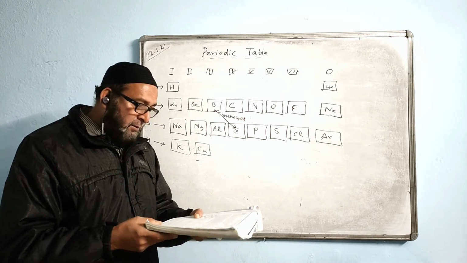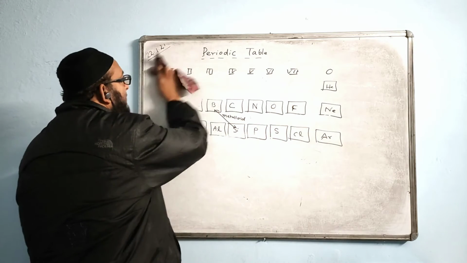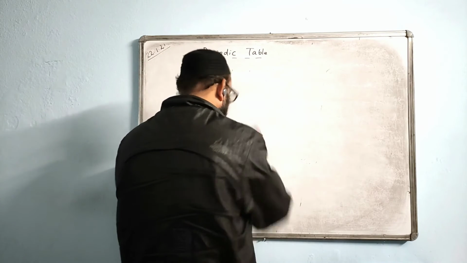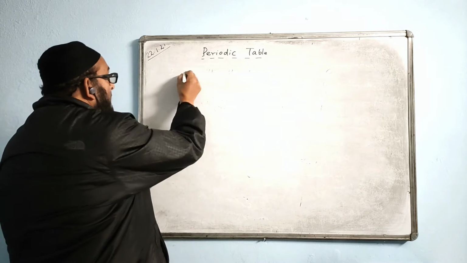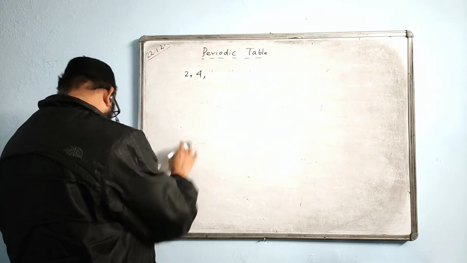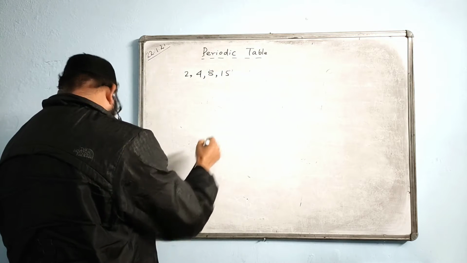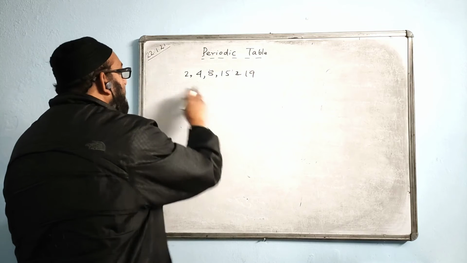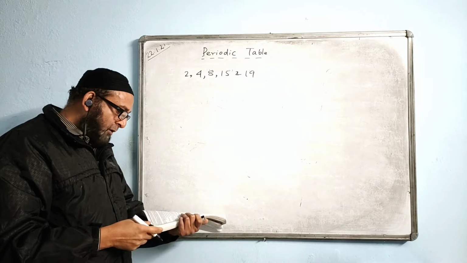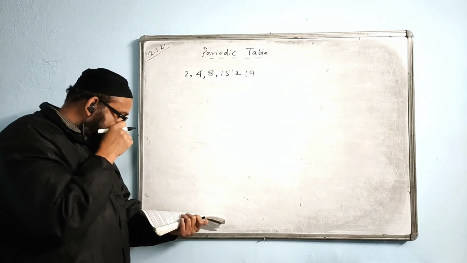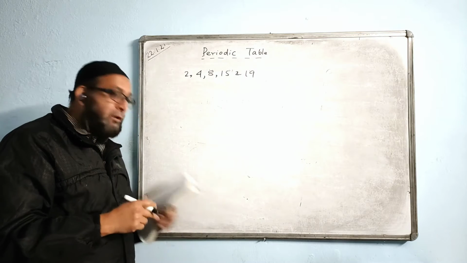They have given another one. Match the atomic number. These are the atomic numbers given: 2, 4, 8, 15 and 19, to match with each of the following. The question says match a solid non-metal belonging to the third period.